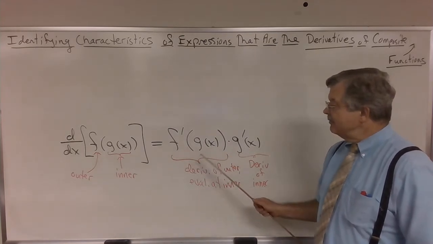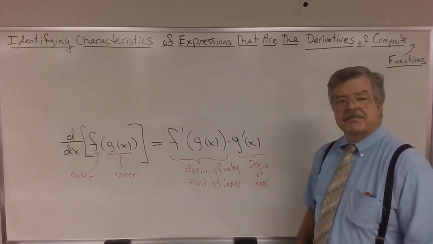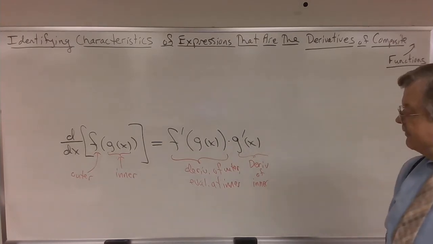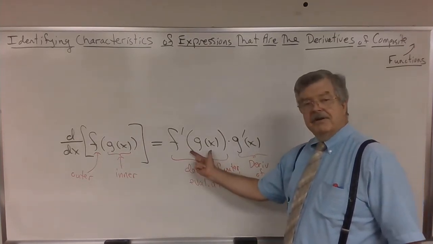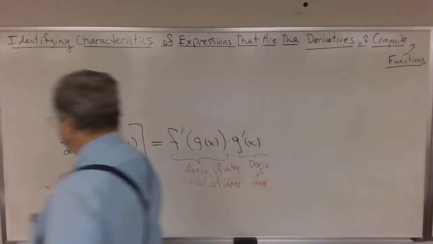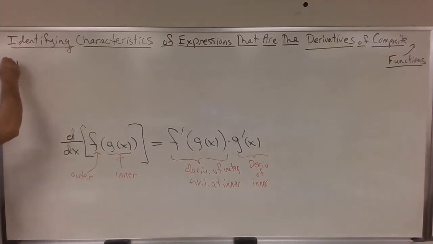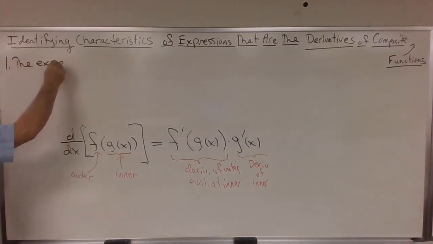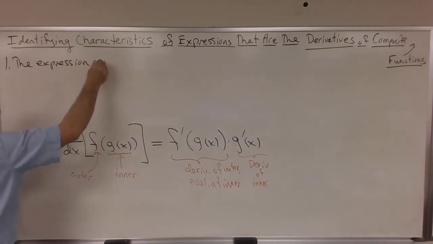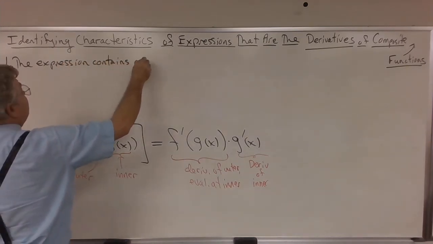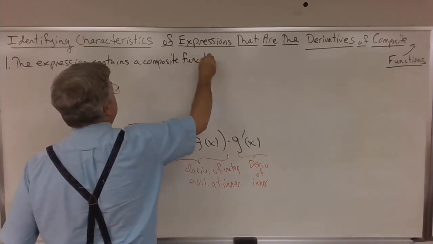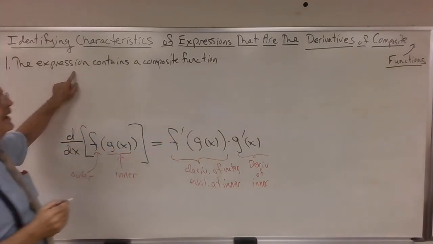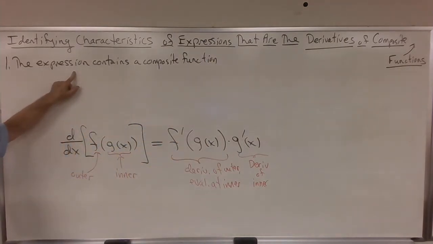F prime is the outer, and g of x is the inner. So the derivative of a composite function itself contains a composite function.